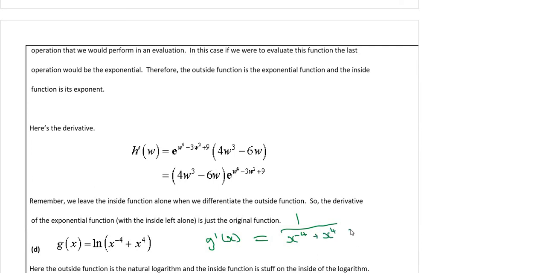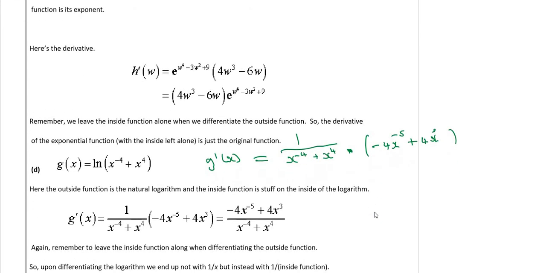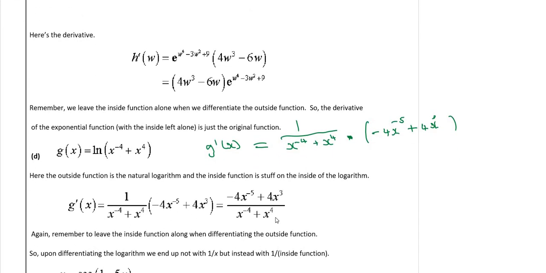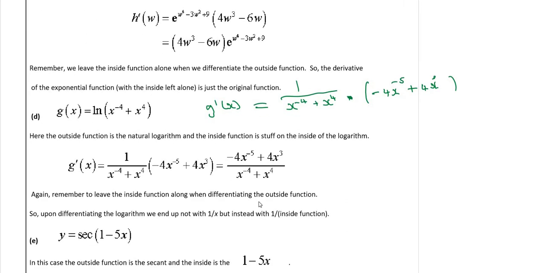Now times by the derivative of the inside function, which will now be minus 4x, and remember 1 power less, minus 5, plus the derivative of the x to the 4, which is 4x to the 3. So that's how we will do the chain rule there. Okay, and then we can simplify it, if it's possible. Taking out x common factors and things like that.